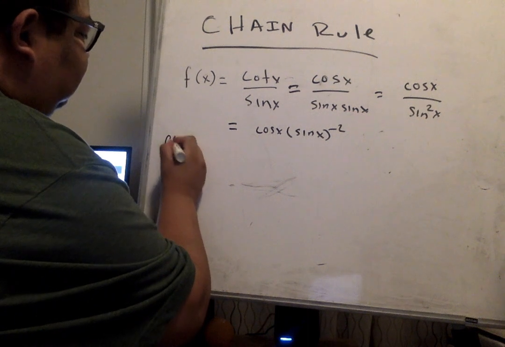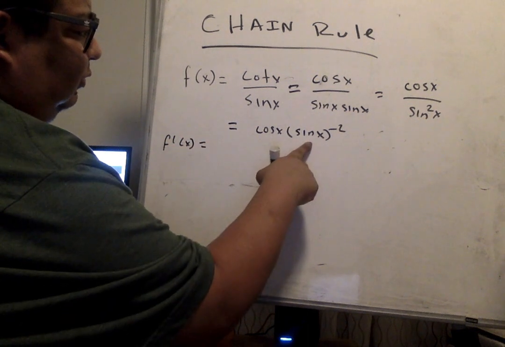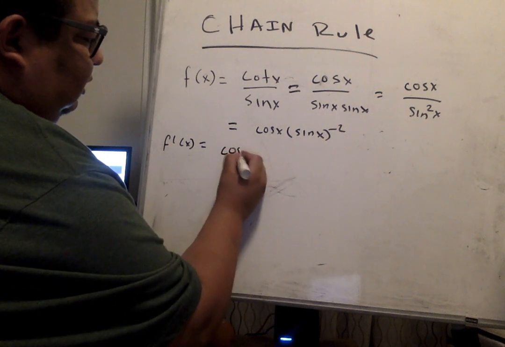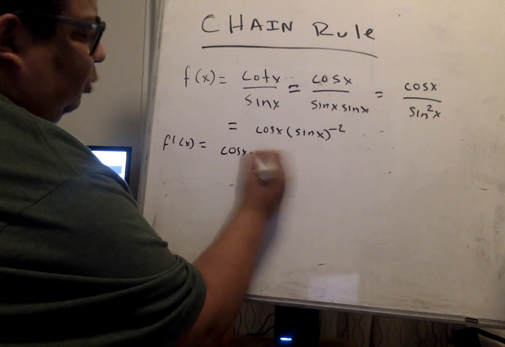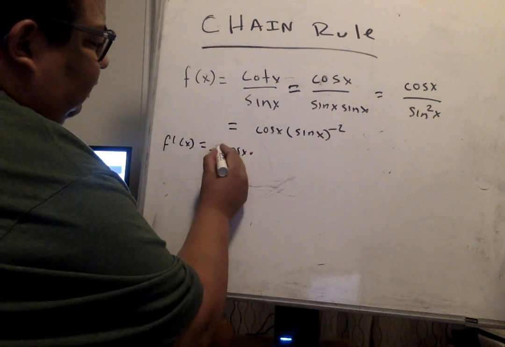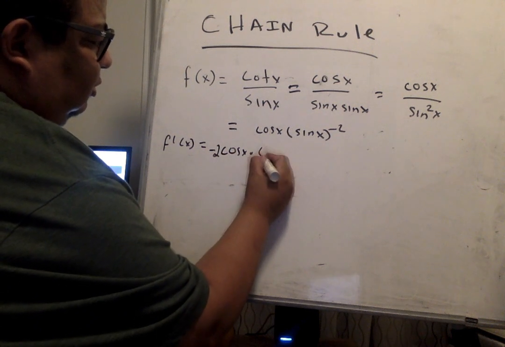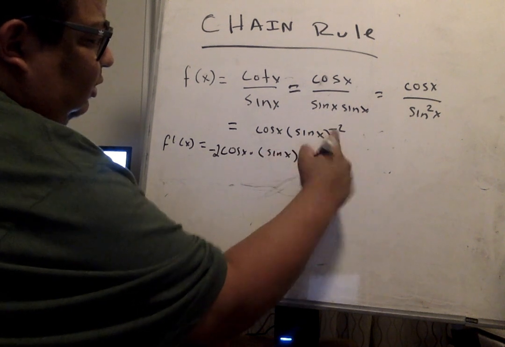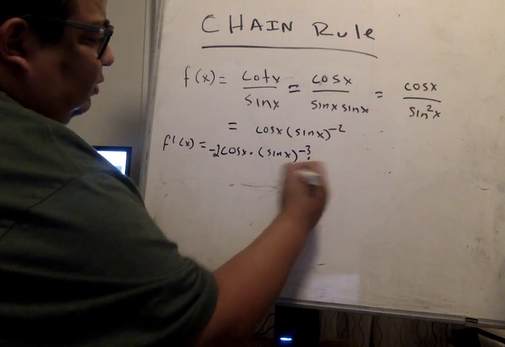So we do it like this: f prime of x is equal to the derivative of this one. It's going to be cosine x times, we bring down the negative 2, so we put a negative 2 on the front, and then times sine of x to the power of minus 2 minus 1, that's negative 3, times the derivative of the inside.